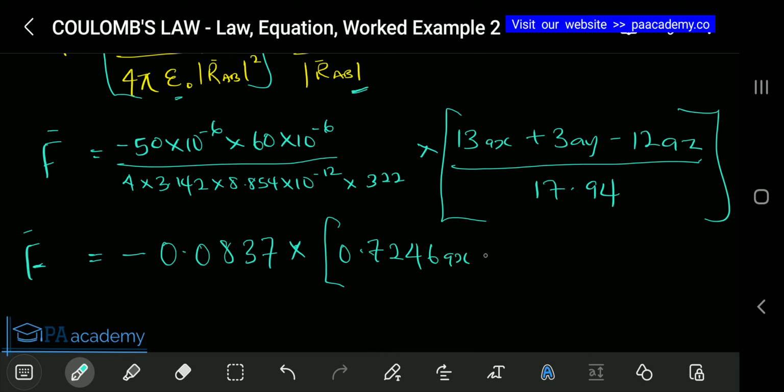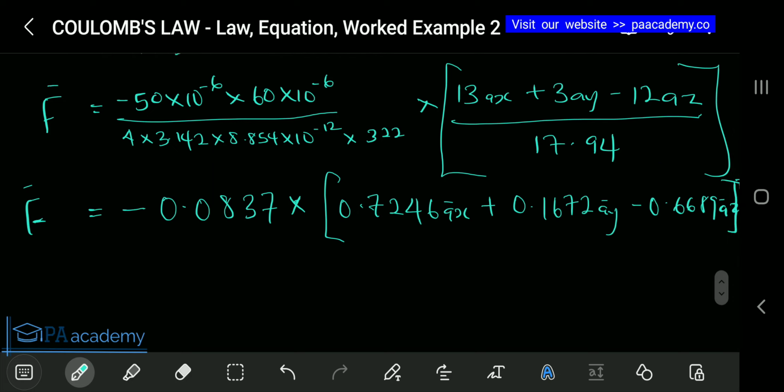AX plus, 3 divided by 17.94, that will be 0.1672 AY minus, 12 divided by 17.94, that will give us 0.6689 AZ. Alright, so don't forget the bar at the top of those A. Let me close this bracket.